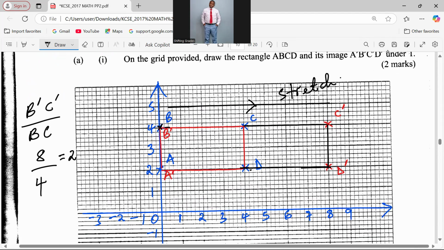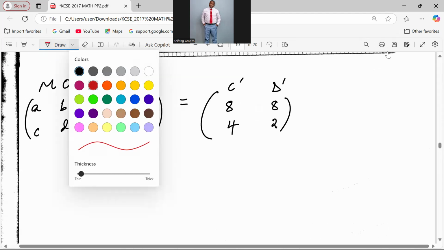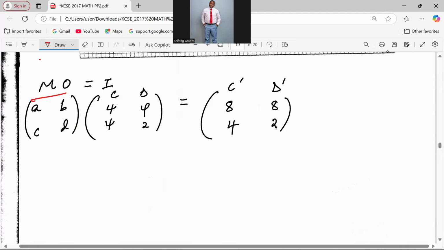Yeah, sure, that way. So now we can find these unknowns, row times column, to get the first element here. So A times 4, we get 4A, plus B times 4, 4B, equals 8. This is the first equation.